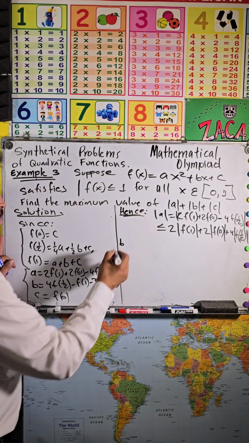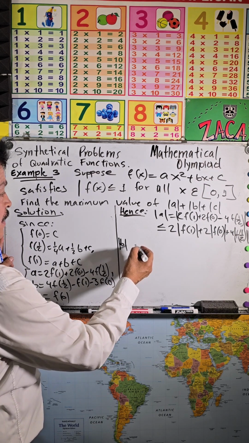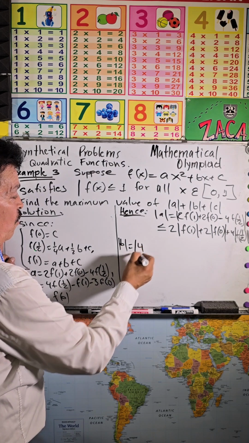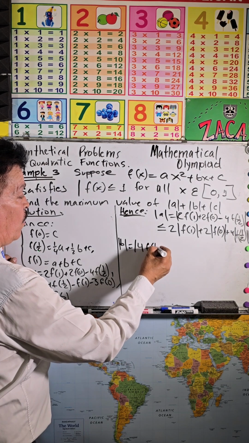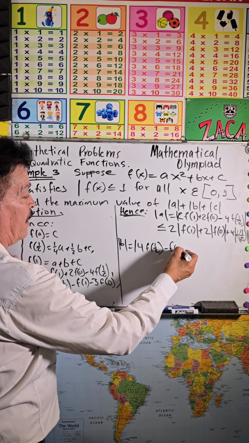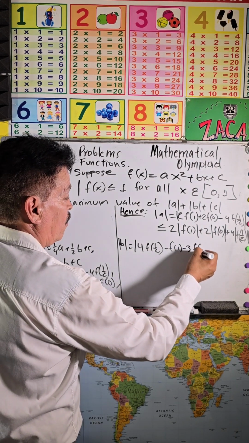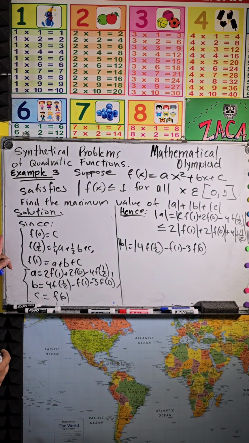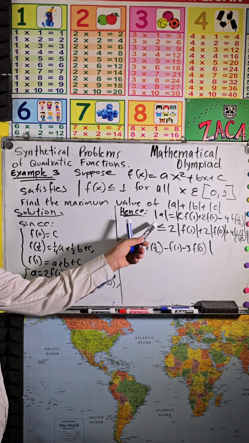Now b. The absolute value of b equals 4 f of 1 half minus f of 1 minus 3f of 0, and then close it here. So now we have to simplify that one. This is a, this is b.